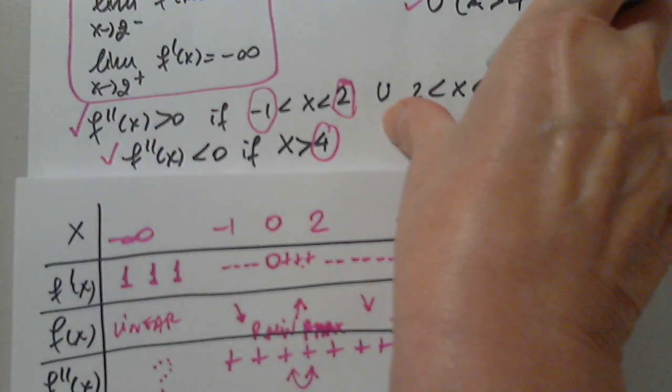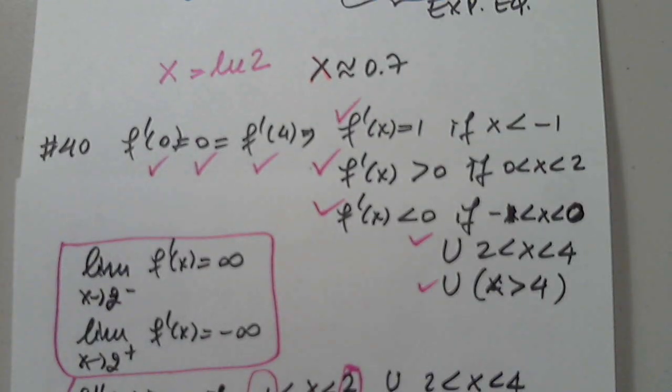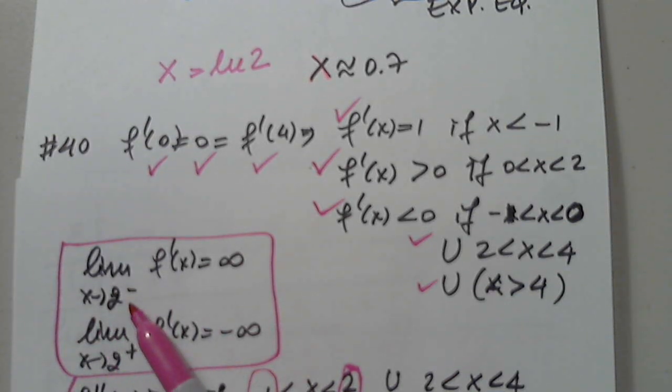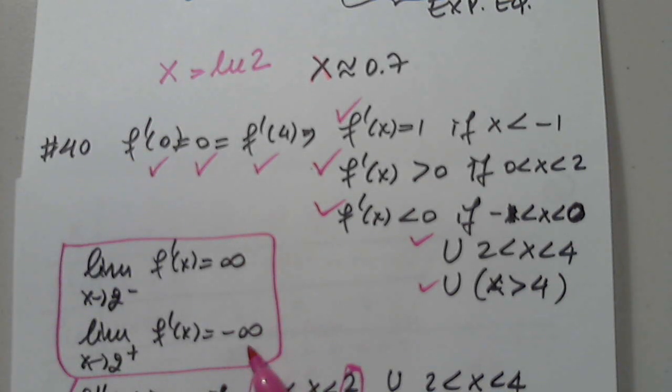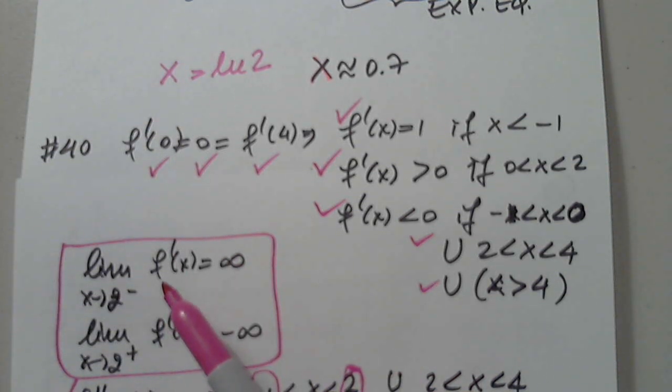Now I need this. They say that the limit of the derivative as x approaches 2 from the left is infinity. What does that mean? And to the right is negative infinity. So if it's approaching infinity would mean that there's no max or min. Yes.